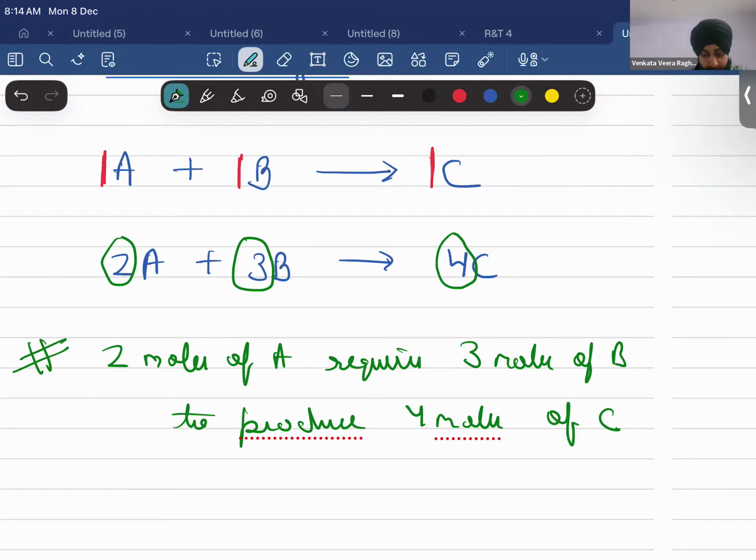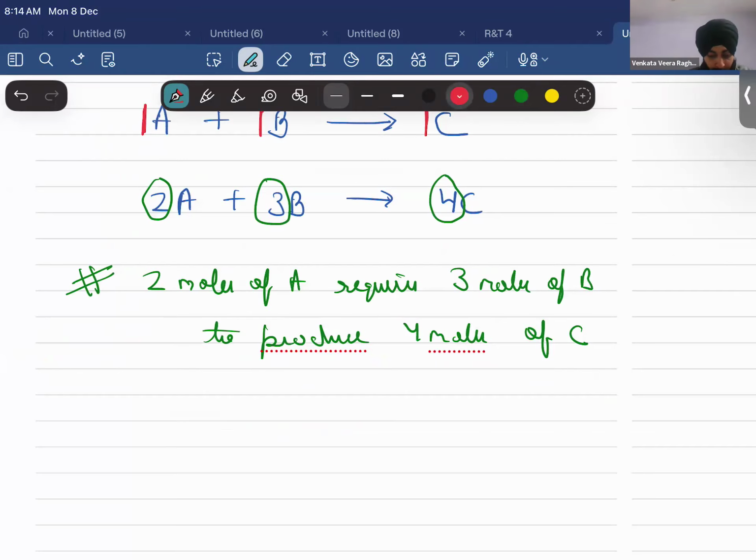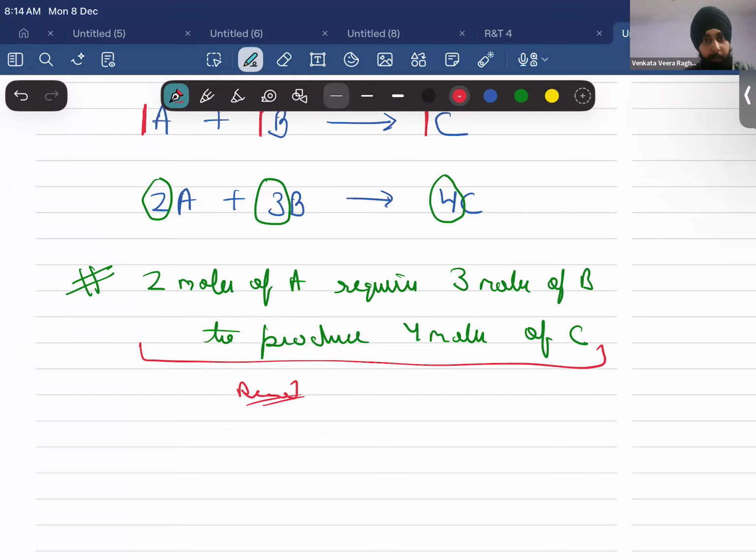It is very, very important to know how to read a chemical equation, because stoichiometry combined with the gaseous state is their favorite question in AP. Limiting reactant or gaseous state, they will combine, and it's the favorite question. Okay. So this is called reading of a chemical equation.